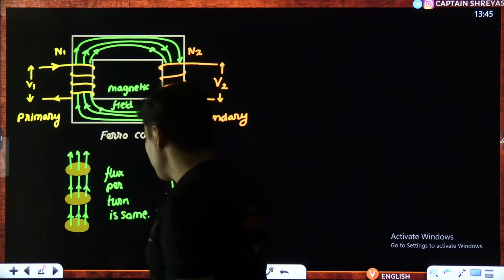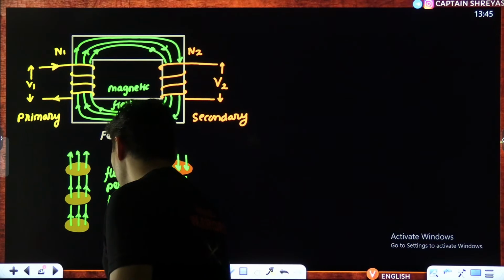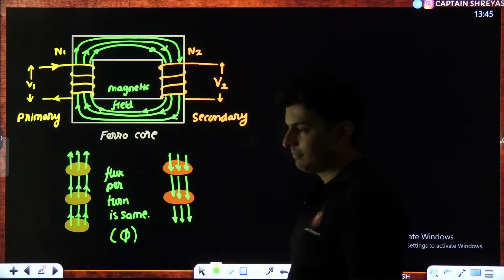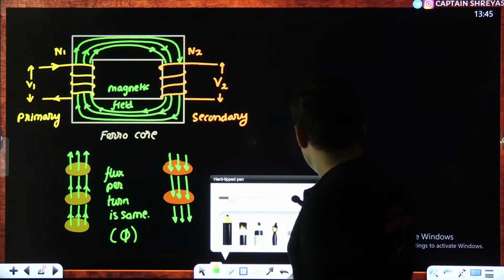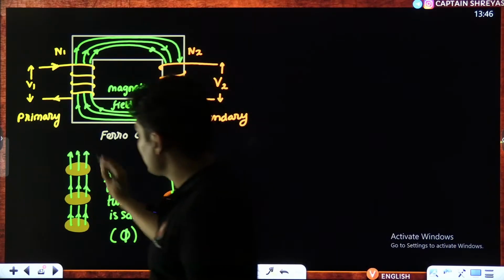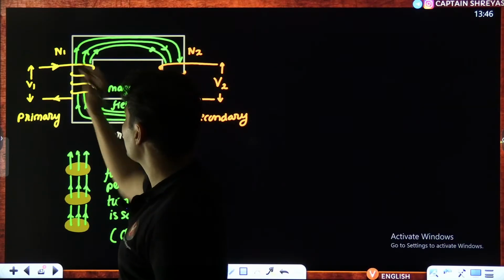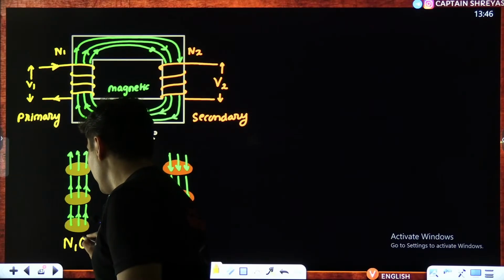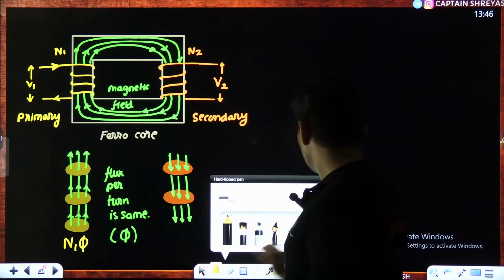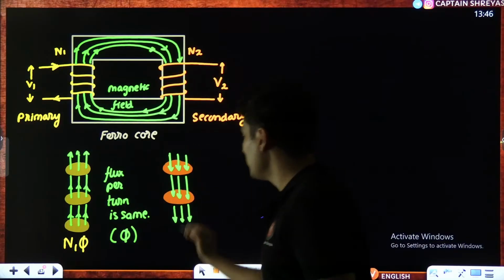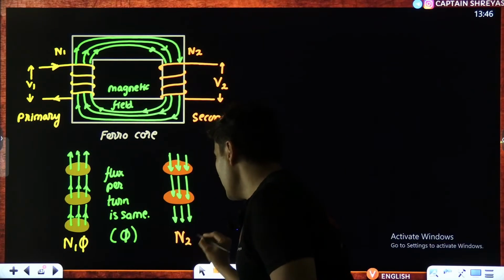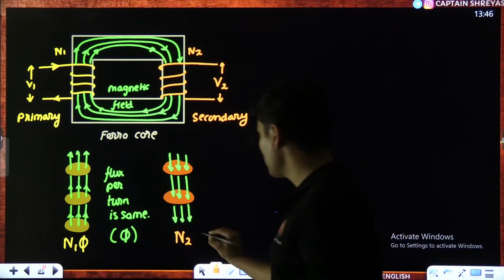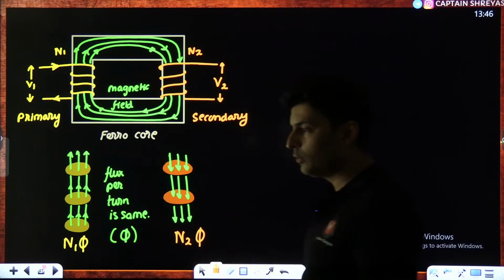And that flux per turn, let's say I call it phi. So if I calculate the total flux on the primary side, because there are N1 turns, won't the total flux be N1 phi? And on the secondary side, because there are N2 turns, won't the total flux be N2 phi? Is that understood, guys? How N1 phi and N2 phi came?